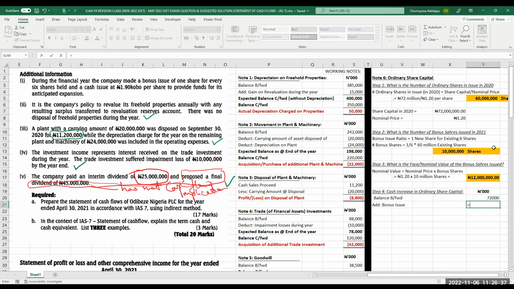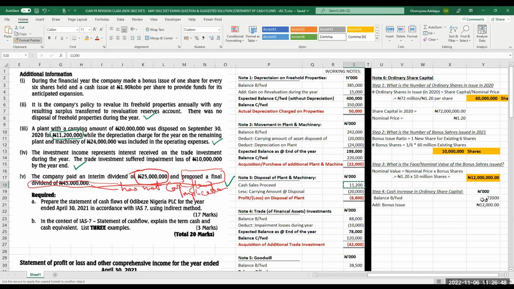Bonus issue is 12 million. Which means that should give me a total of how much? 84. This is what I expected.